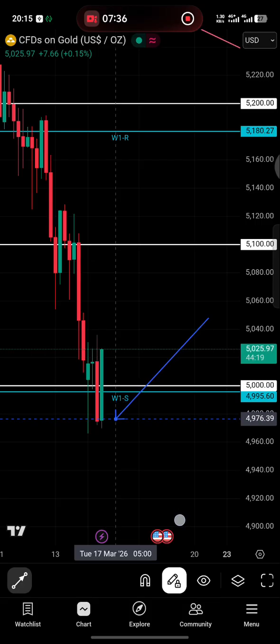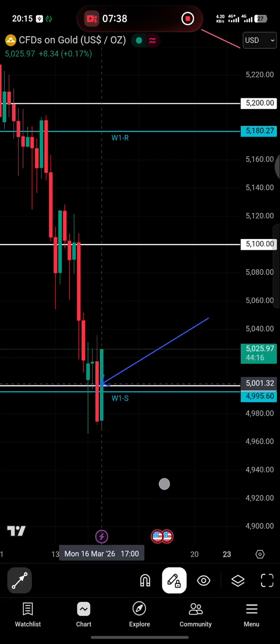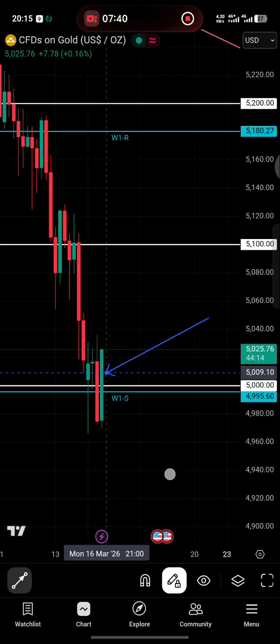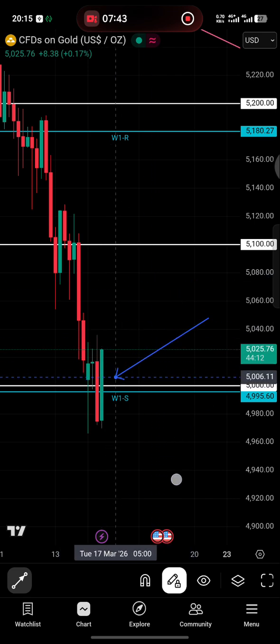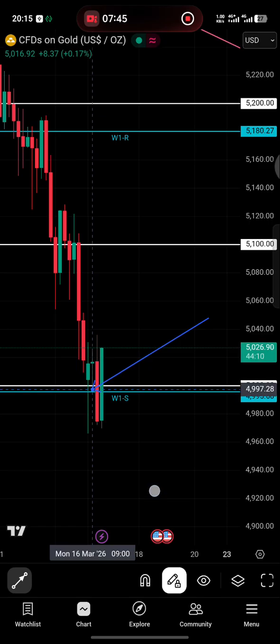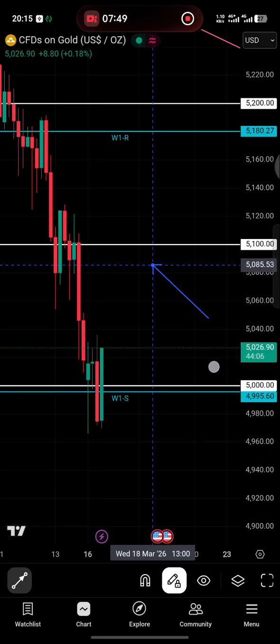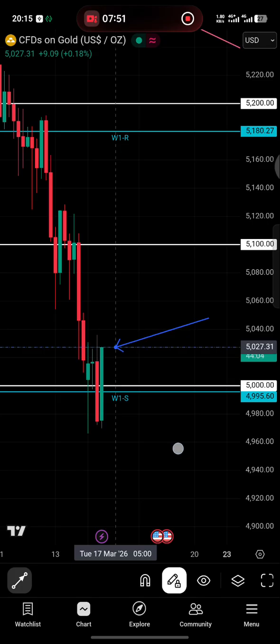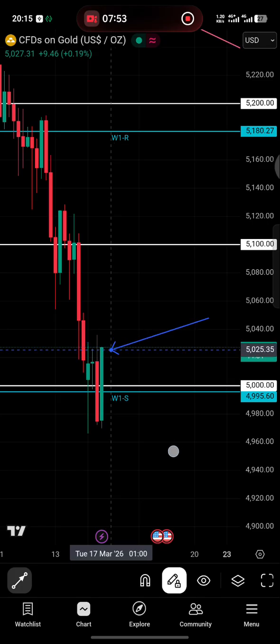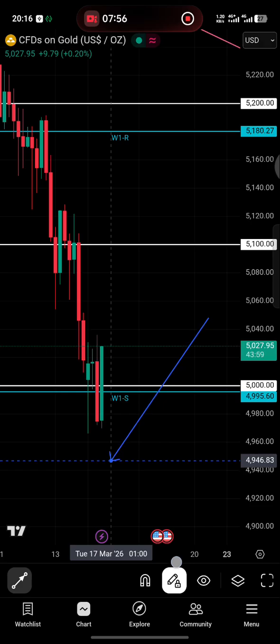But the problem is, when retail traders start selling, the chart is bound to go up. It will always go against the retail traders. If the retail traders are buying, the chart will start to go downwards.